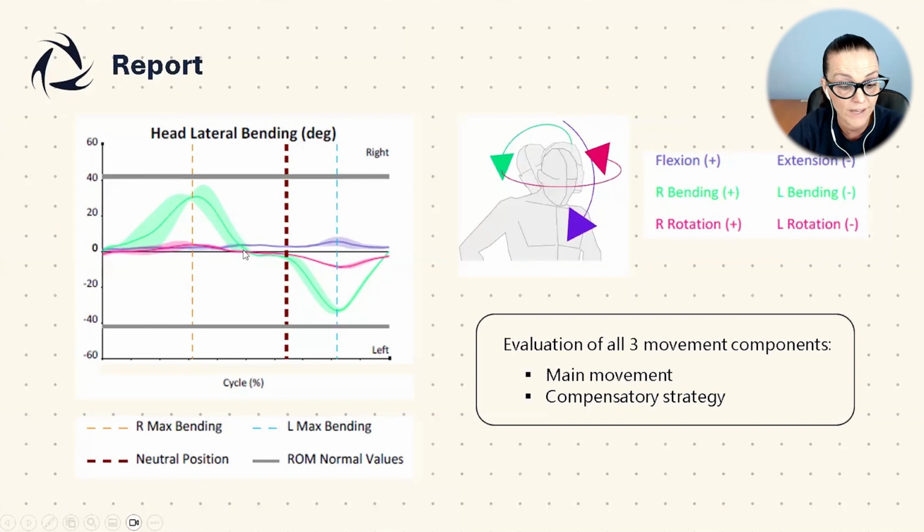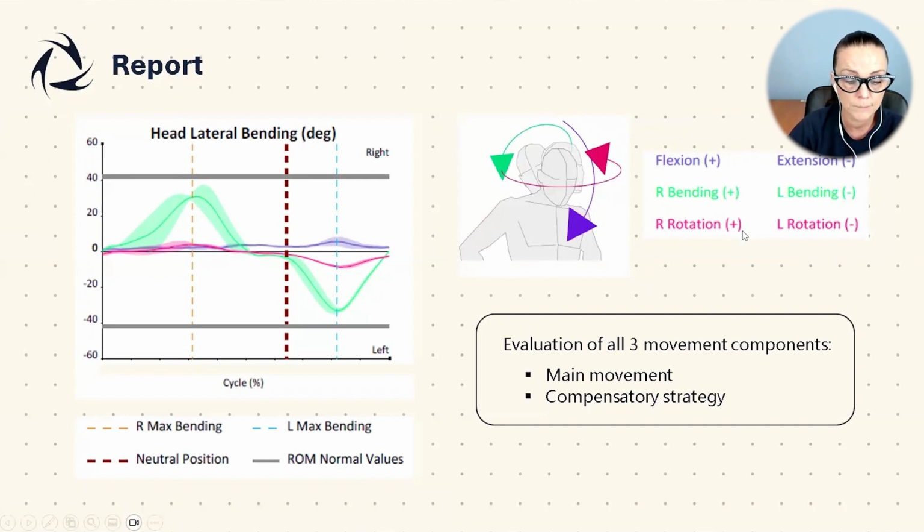But the great advantage of performing a 3-dimensional analysis is to report on the same graph also the other two components that, in case they are not zero, like in this case, can highlight some compensatory strategy adopted by the patient.